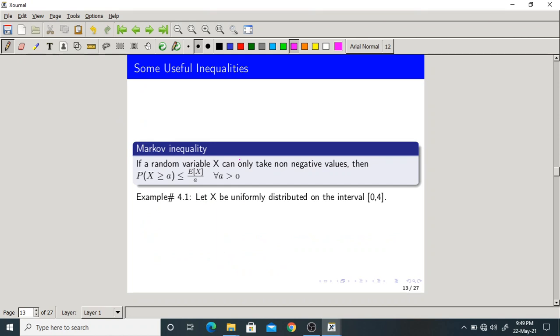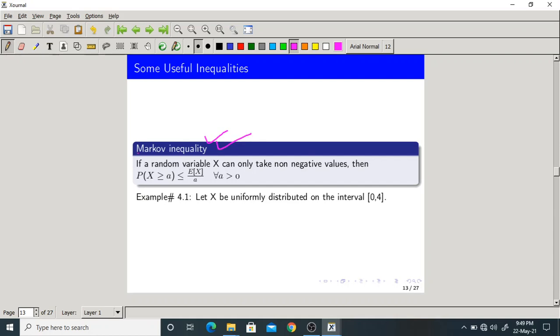Now let us study some inequalities. These are some of the useful inequalities which we discuss in our course. The first one is nothing but the Markov inequality. It is very important. How is it defined?